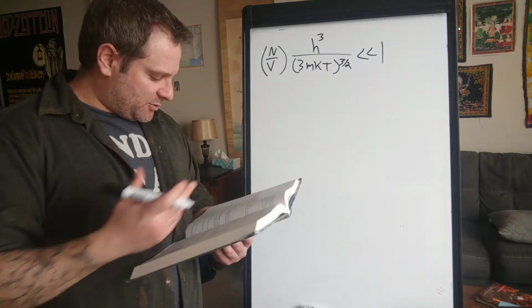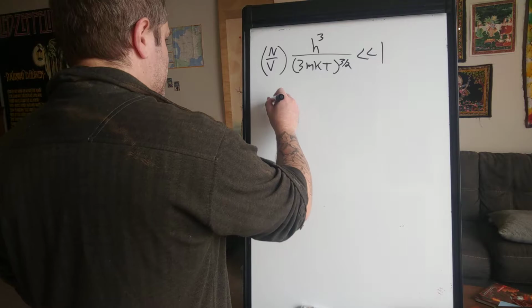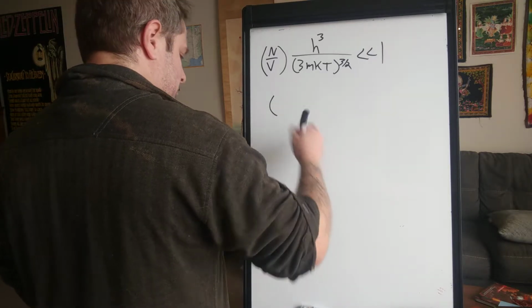So in the example, we're plugging some numbers into this equation. I'll write out all those numbers and then I'll identify them.